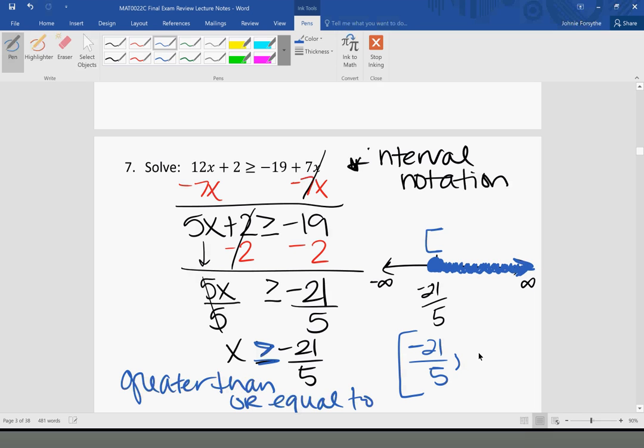So we're going to put a comma and then write infinity. And infinity always uses parentheses. So this is my solution here in interval notation. This is the solution in what's called set builder notation. This is interval notation in the yellow.